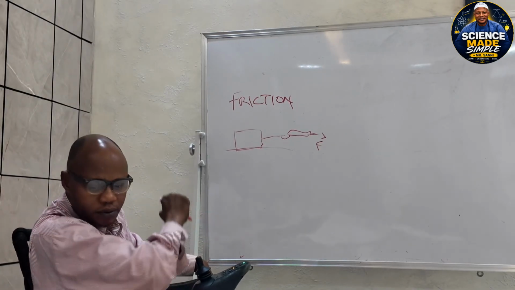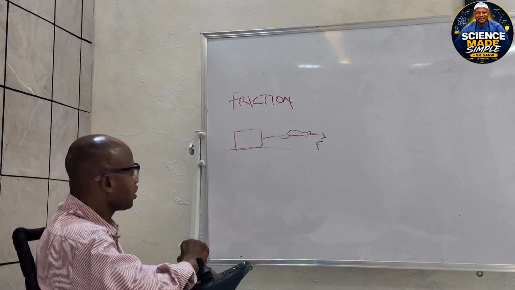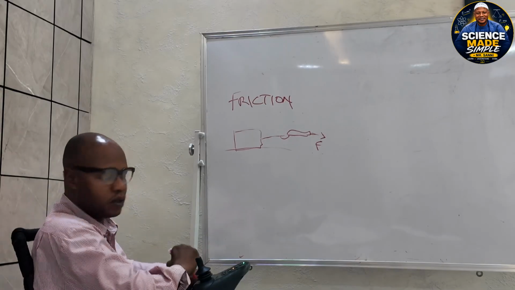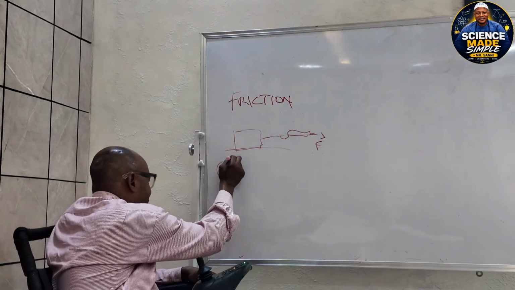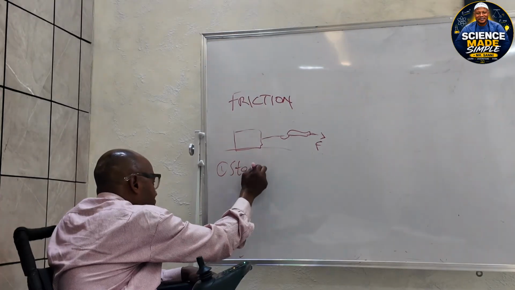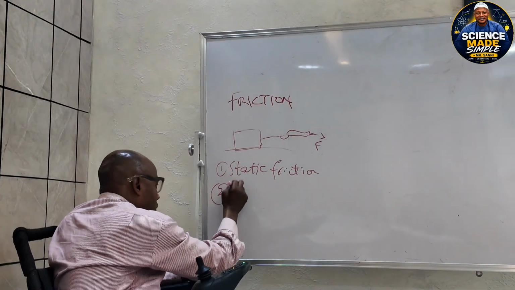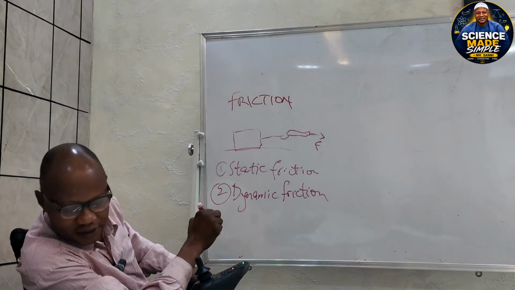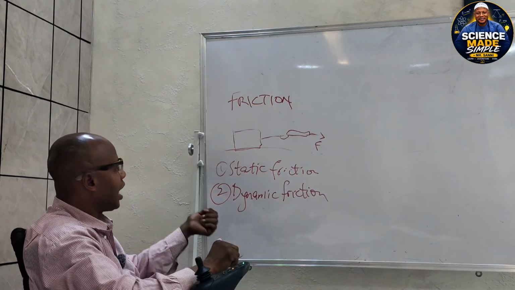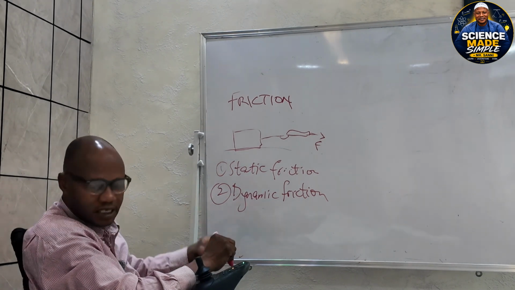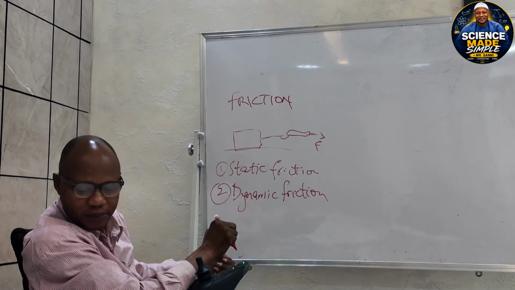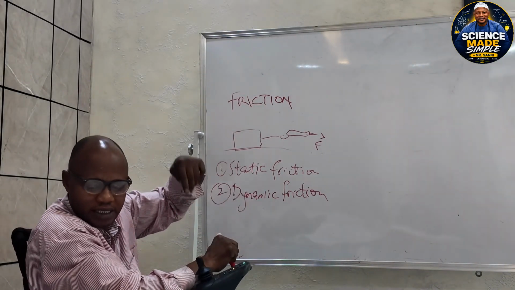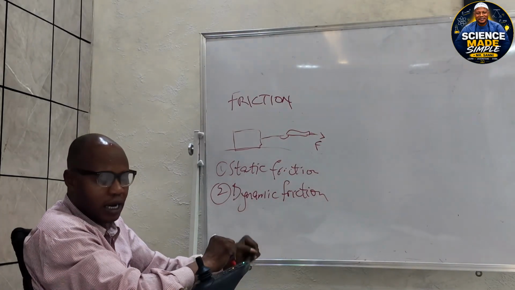We have two types of friction. We have one, the static friction. Just as I explained earlier, static friction is the maximum force that must be overcome before a body can start to move over another.